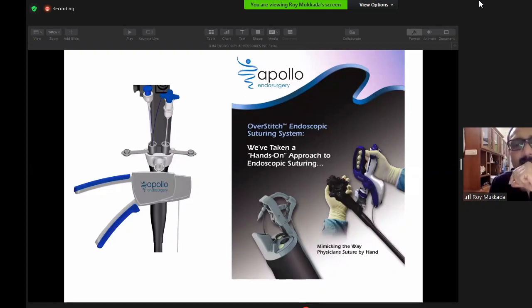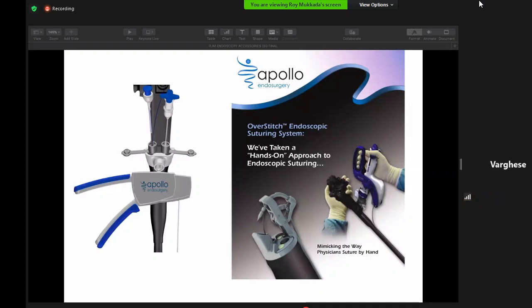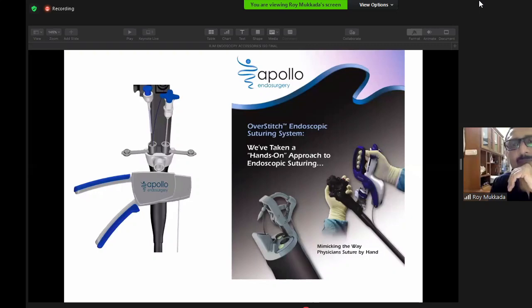But once they start making it in India, it can be. How much is the expense? I think it comes to around 2.5 lakhs for one procedure, the instrument alone.